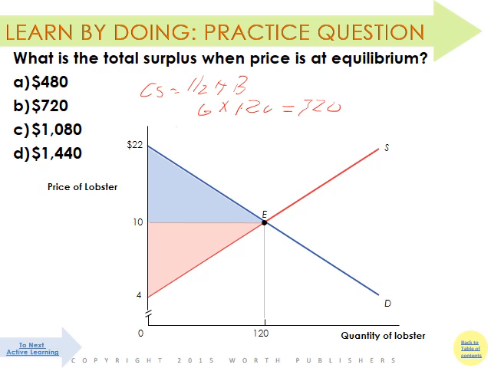Producer surplus is 1/2 the height times the base. So the base is 120. The height is 10 minus 4, which is 6. 1/2 of that is 3 times 120, which is equal to 360. Add them together, you get 1,080.